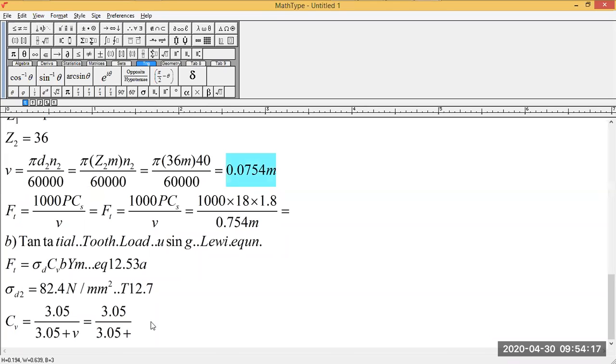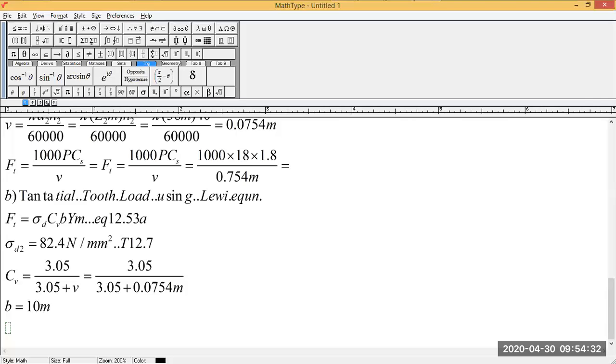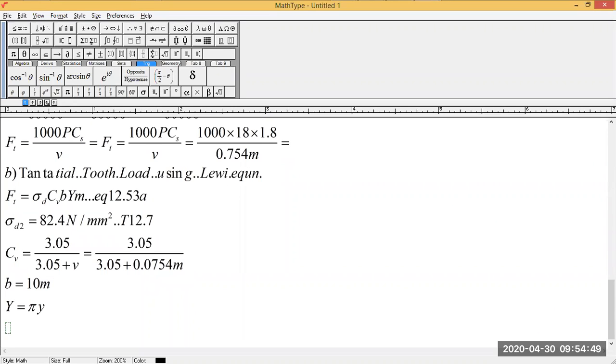We are getting this in terms of module m. For B we will assume 10m, and capital Y is, as usual, pi times small y, then module as it is.